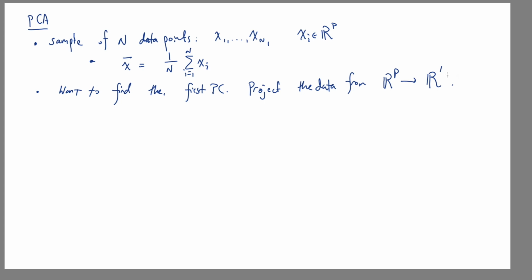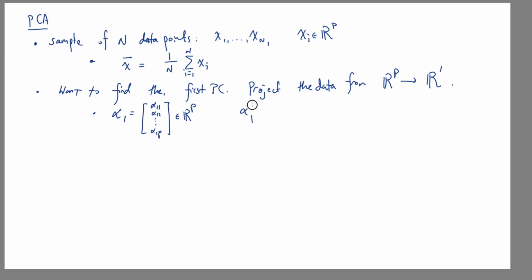Well, to project a vector in p dimensions down to one dimension, I need to have a vector, let's call it alpha 1 because we're talking about the first principal component, which is going to be a vector alpha 1 1, alpha 1 2, up to alpha 1 p. So this is a p-dimensional vector.